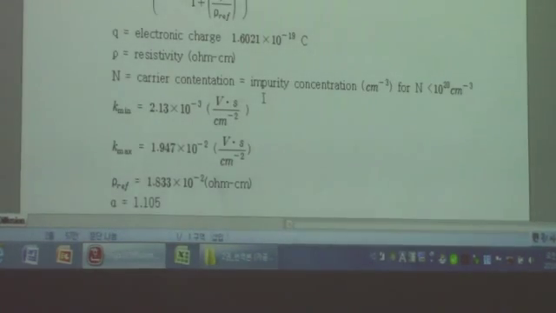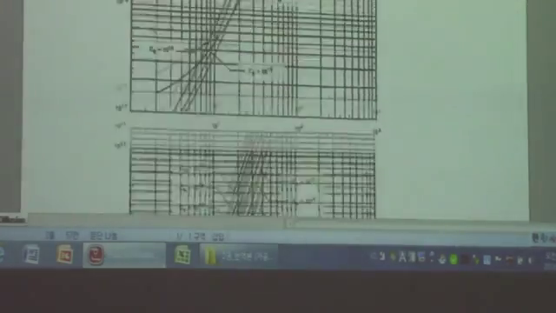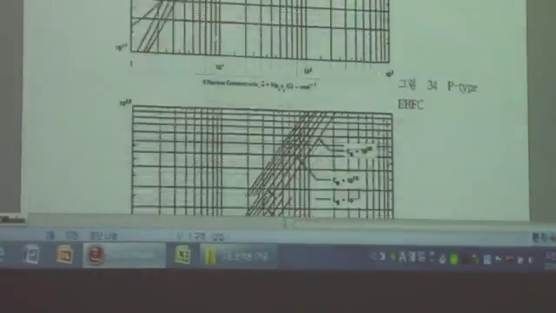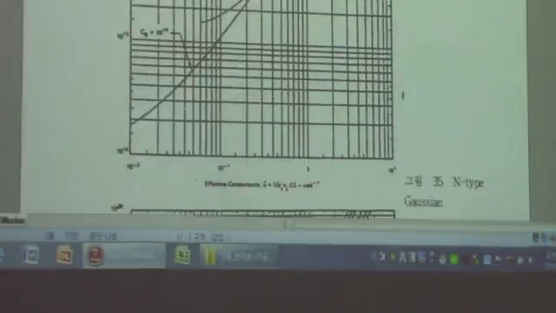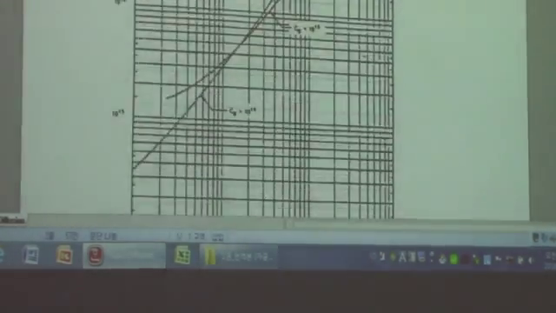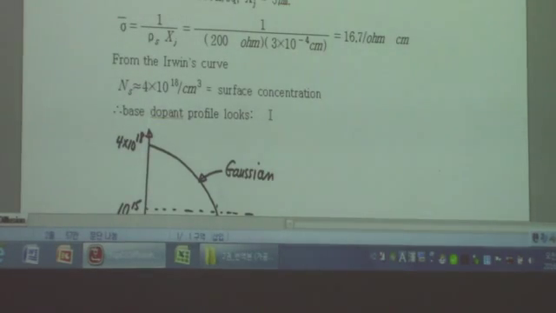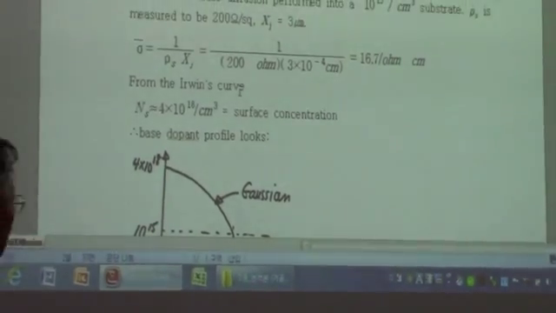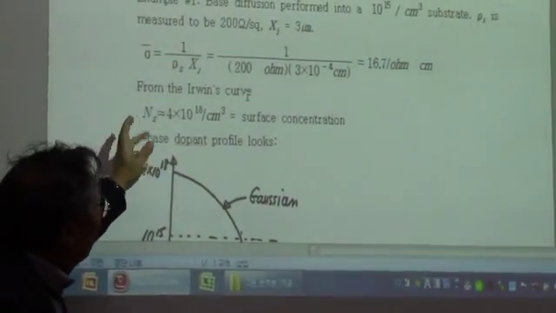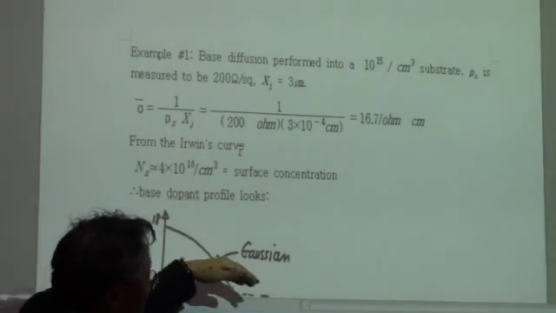So let's see. We just have examples of the plot, how we relate the average conductivity to the surface concentration. And here is a simple example. Let me give you the first example, and then next week we continue on the second example.